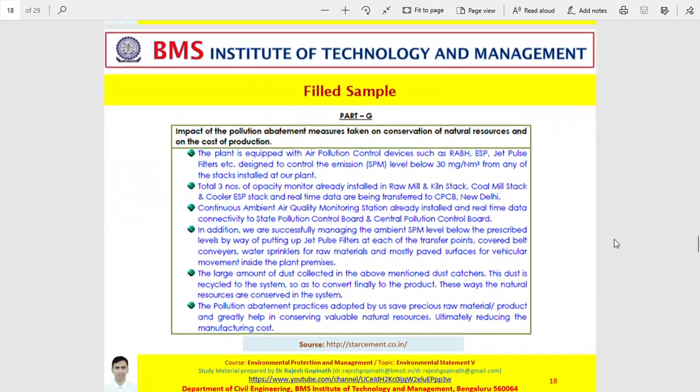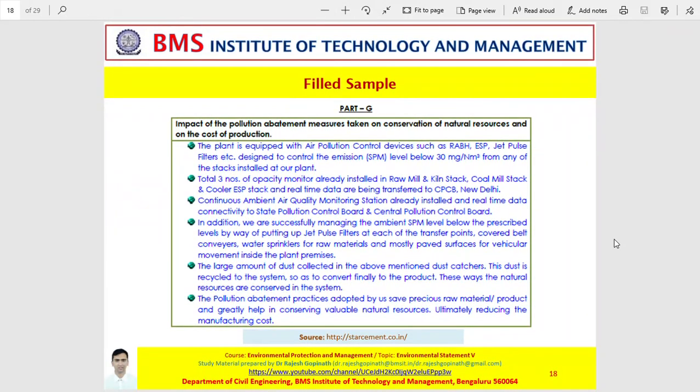So slide 18 basically speaks about the sample pollution control measures which have been taken and how they have impacted the conservation of natural resources and probably also the cost of production. If you look at this particular slide 18, it speaks about the industry equipped with air pollution control devices like filters and electrostatic precipitators. It speaks about continuous air quality monitoring stations.